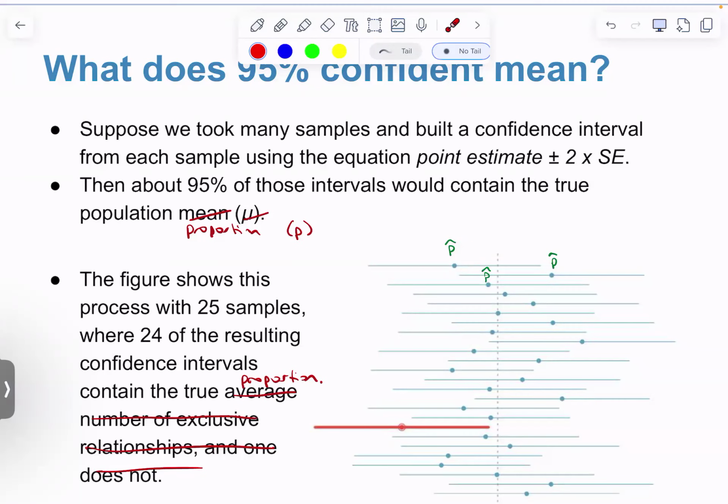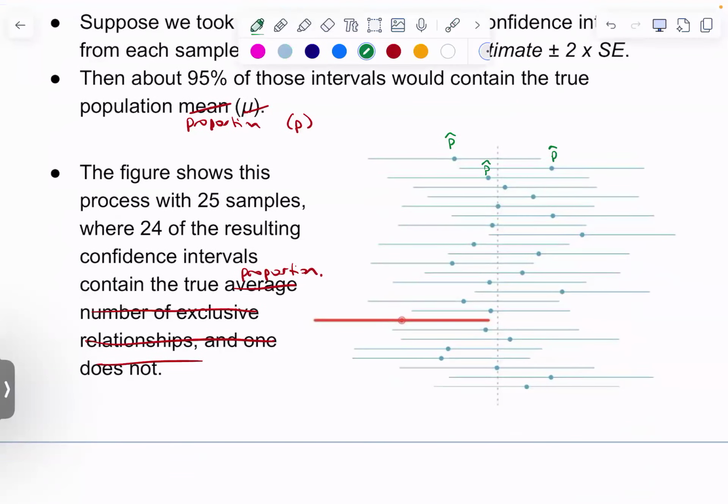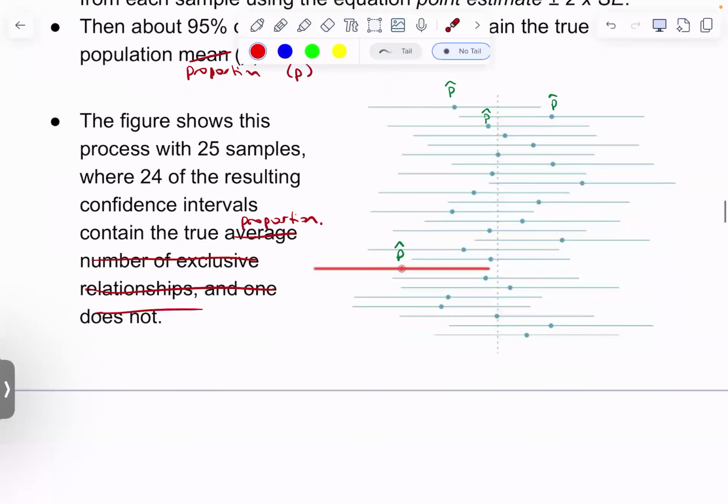So it's all based off of this p hat. Sometimes, unbeknownst to you, you get a p hat that's far off from where you expect the rest of the distribution. That can happen by random chance alone, and that's why we're only 95% confident.